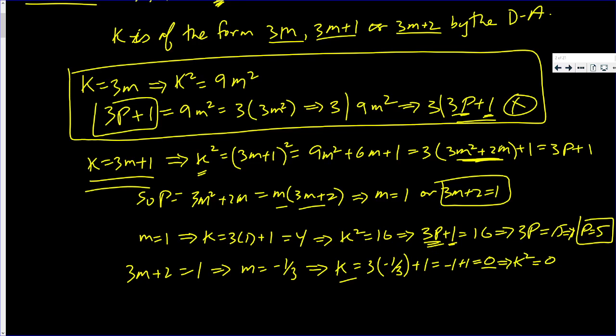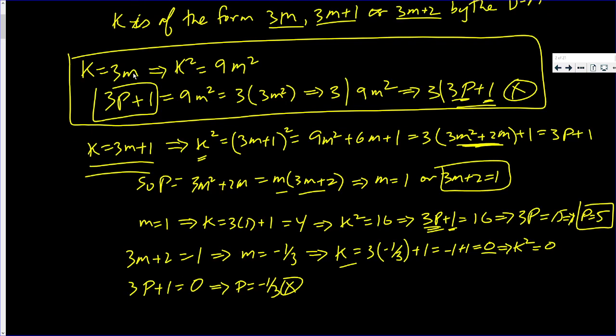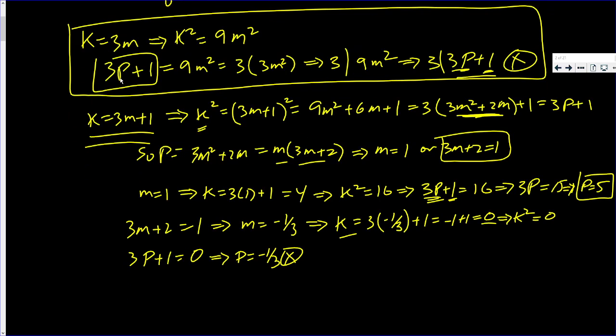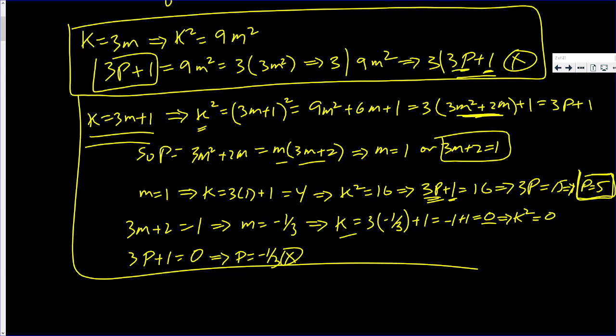That implies k squared is 0. So we want 3p plus 1 to be k squared. Well, that implies that p is negative a third. Well, a prime number isn't negative a third. So far, all we found is that p can be 5.